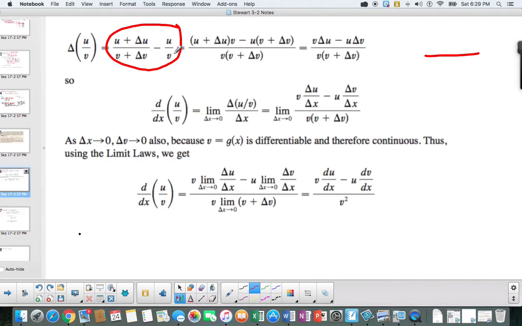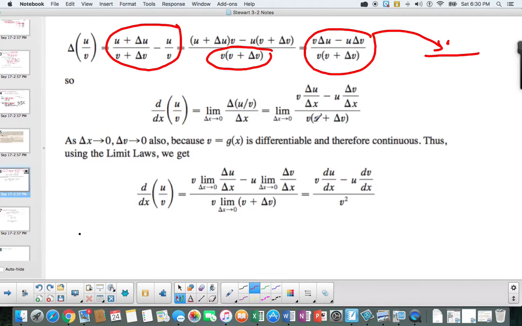So this represents the numerator here. I'm going to get a common denominator. So here's my common denominator. And that's going to force the v to be multiplied to here and this to be multiplied to the u. And then everything's going to get multiplied, and I'm going to get this. So this is my numerator.